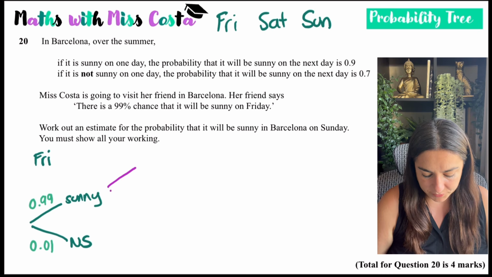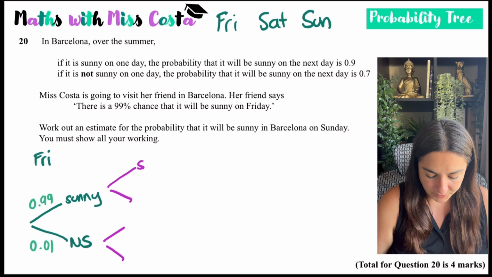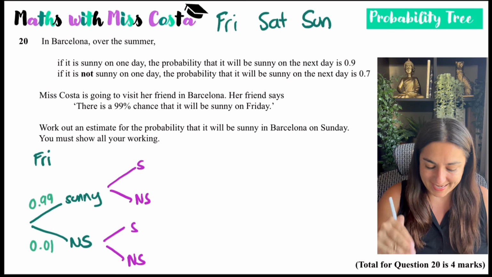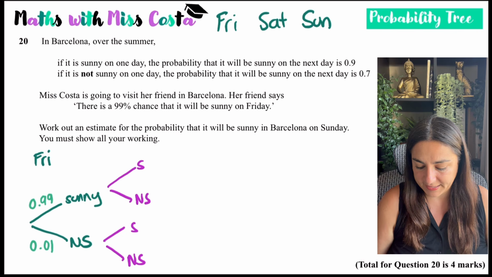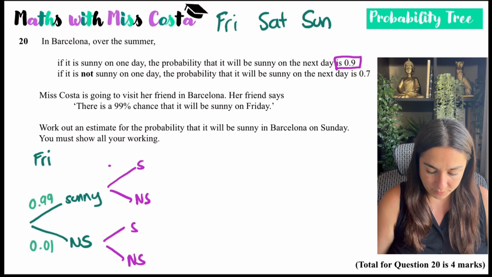Then what I want to do is think about what could happen on the Saturday. So there's 2 options, because it could have been sunny or it could have been not sunny. So let's do the probability tree that way. So the probability on Saturday of it being sunny, because if it's sunny on one day, the probability that it'll be sunny the next day is 0.9. So probability that it's sunny on Saturday would be 0.9, and not sunny would be 0.1, because your branches always need to add up to 1.